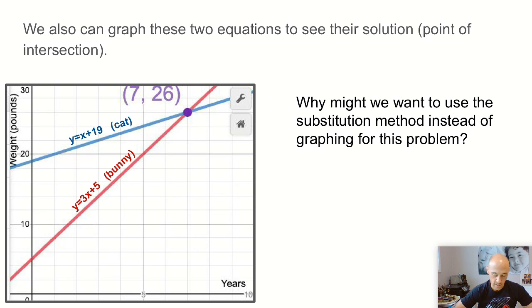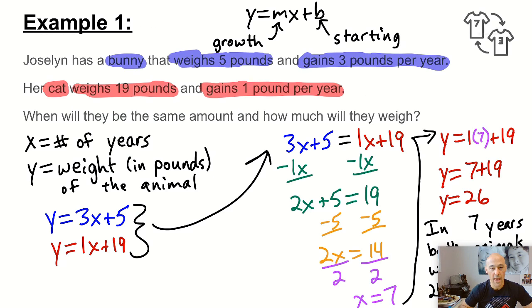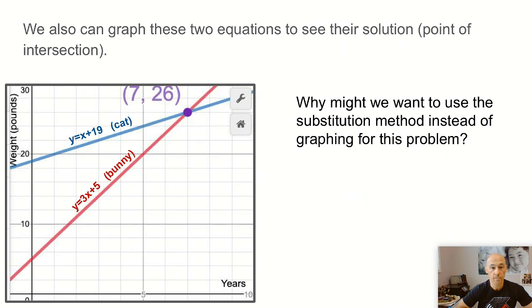There could be some different reasons. So you're saying this equation method is harder than graphing? Hmm.